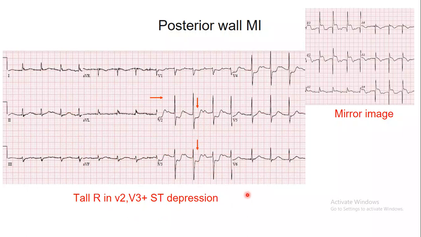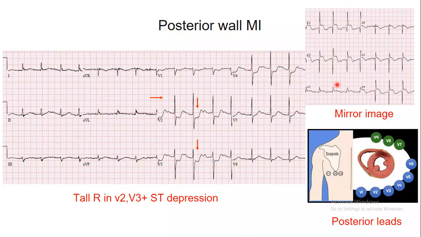So how do we confirm that this ECG pattern is a posterior myocardial infarction? The simple way is to flip the ECG and look from the back of the paper, and we will see that this tall R and ST segment depression is actually a Q wave and ST segment elevation. Or perform a direct ECG over the posterior wall of the heart by moving chest electrodes V4, 5 and 6 to this position.